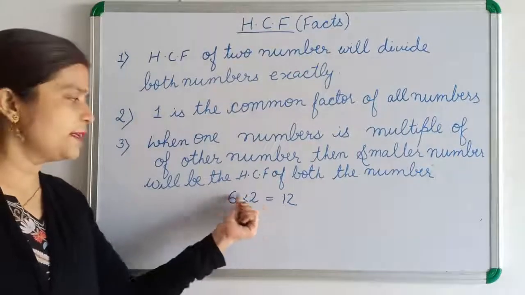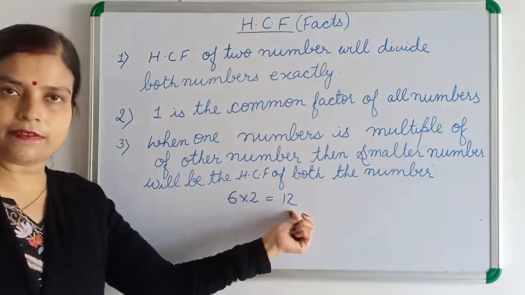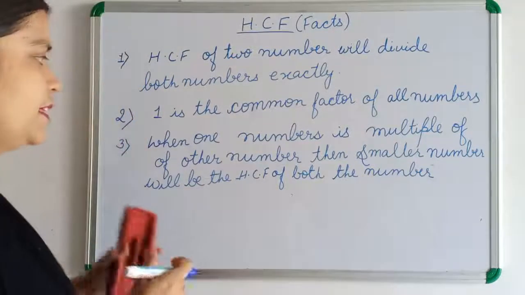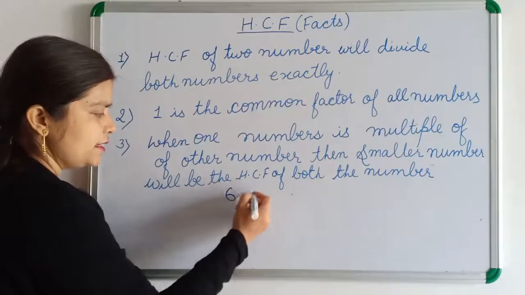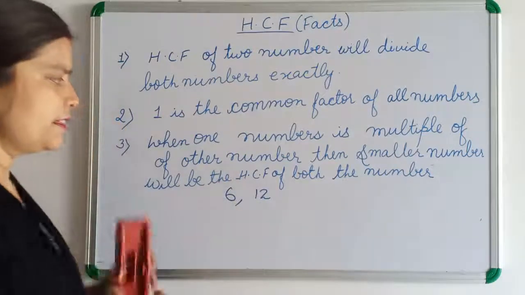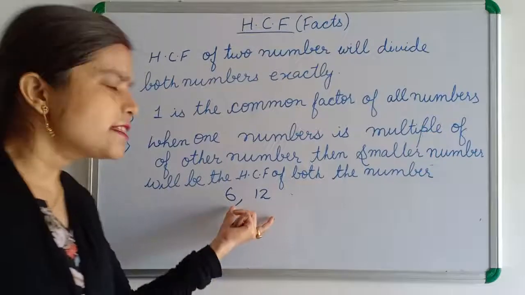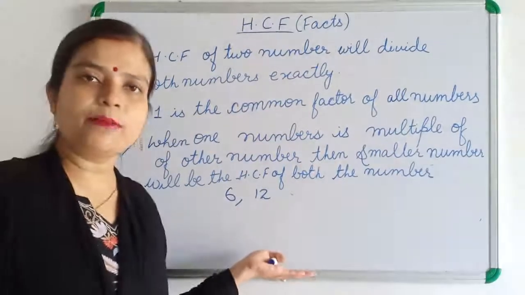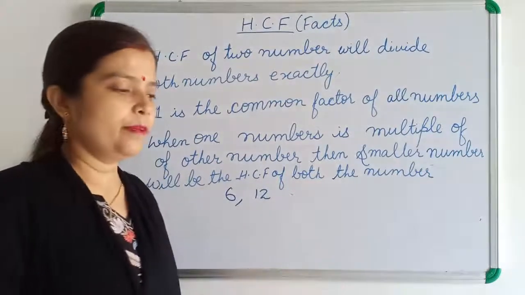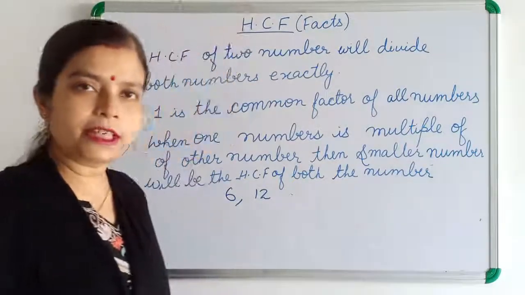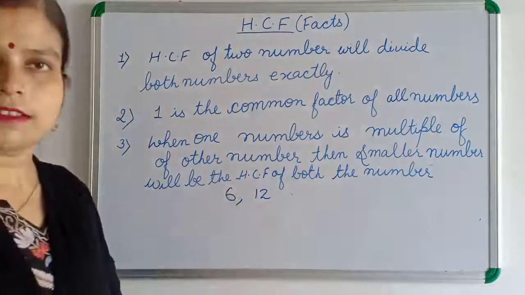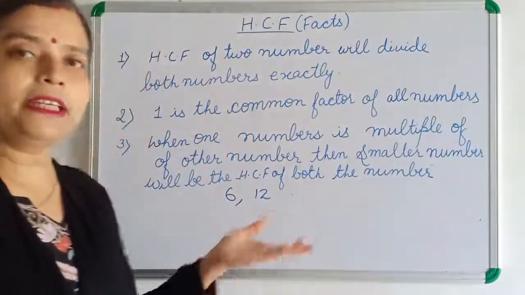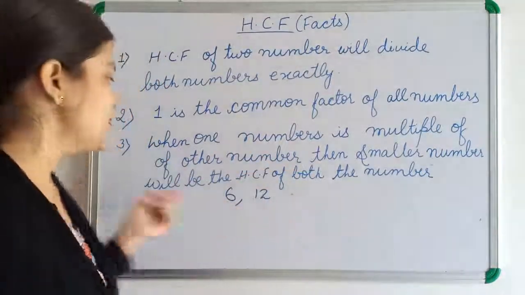Now if it is asked to find the HCF of 6 and 12, what will you do? First you will find the factors, then the common factors, then the HCF. But if the question is objective type, 1 mark type, you can simply write the answer. For 1 mark type, it is not asked to do the solution. So if you know this rule, you can write the HCF of these two numbers.